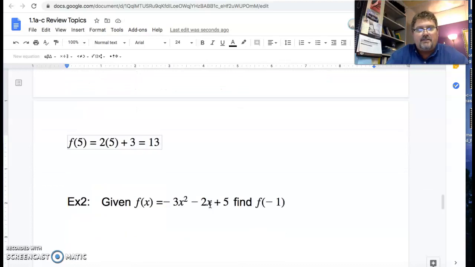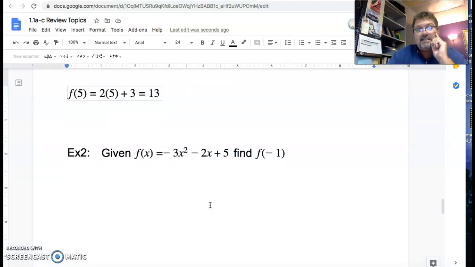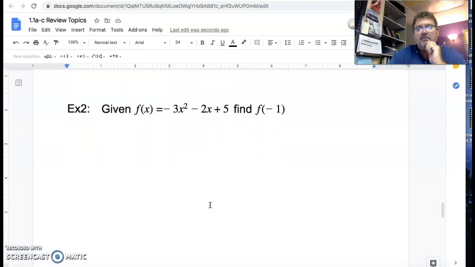All right, and this gets me to our last case here. They can become more complicated with negatives and multiple expressions of x with different powers. So in this case right here, f of -1 means plug that -1 into every x you see.